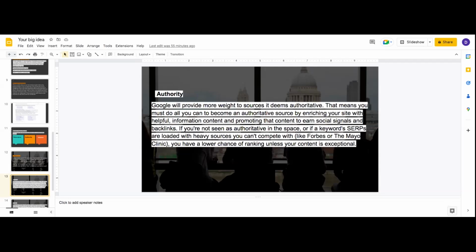So, why Google would give so much authority to some websites is because they are authorities in a specific niche or micro niche.